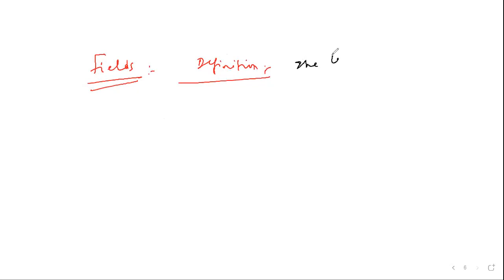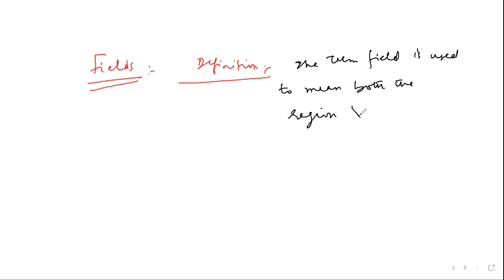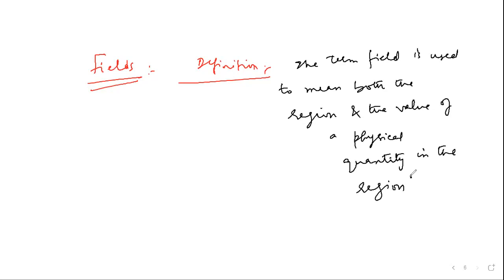The term field is used to mean both the region and the value of a physical quantity in the region.